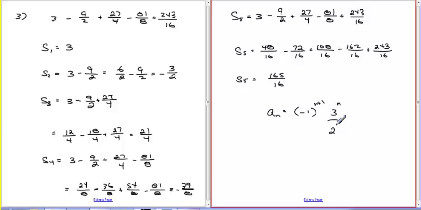I think that's right. Because when n is 1, this is positive. You get 3 to the first power, which is 3, divided by 2 to the 0 power, which is 1. And then if you go to n equals 2, which would be this one, you'll get negative 1 to the third power, which will give you a negative number.